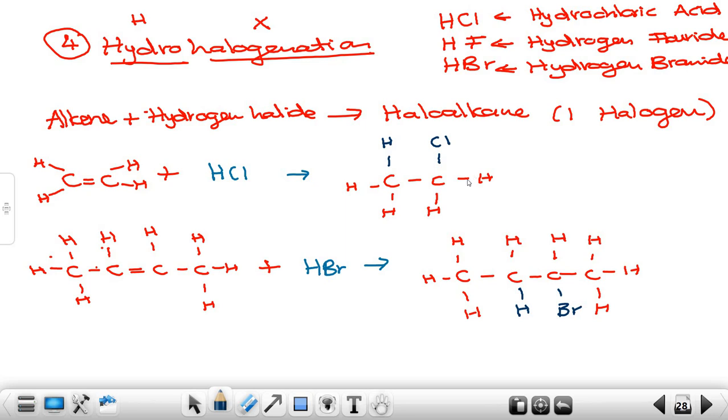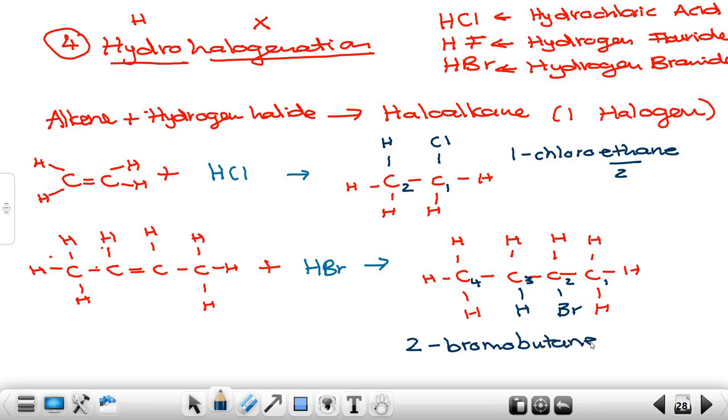So what is the name of this? This is carbon 1, 2 and carbon 1, 2, because your homologous series must always have the smallest possible number. So if I count it from here, it would be 3, so I have to count from that side because 2 is smaller. So this will be 1-chloroethane, eth-2. Position of chlorine or chloro is 1. Here it is 2-bromo, 1, 2, 3, 4, butane. And those are the reactions.